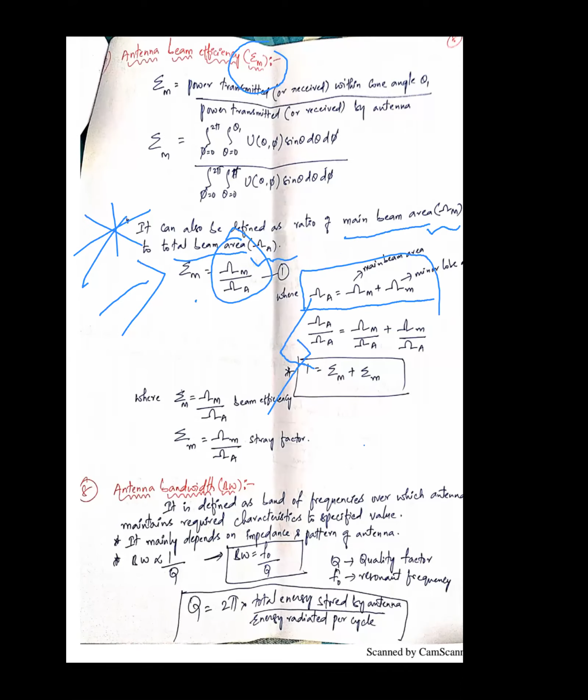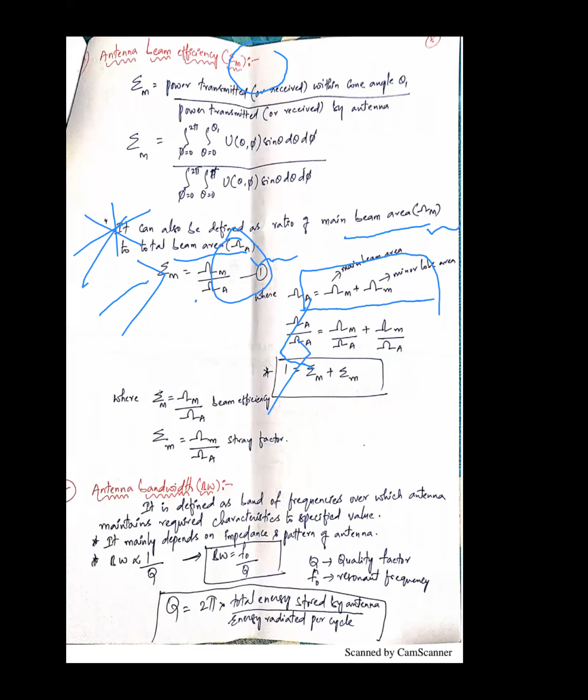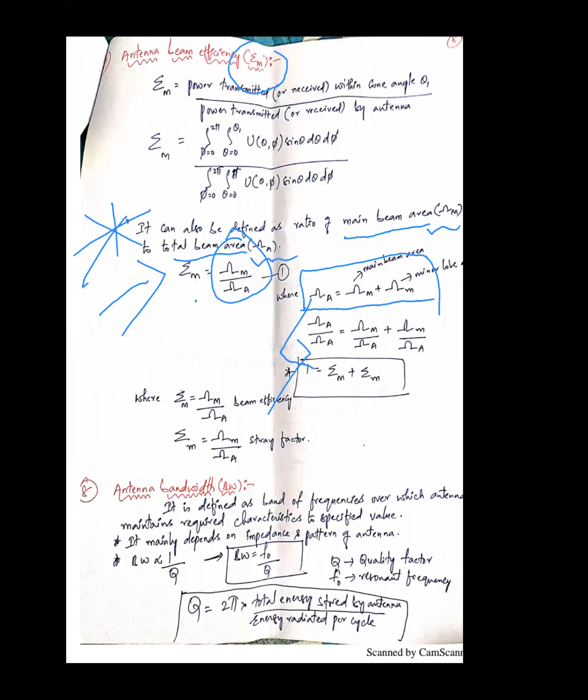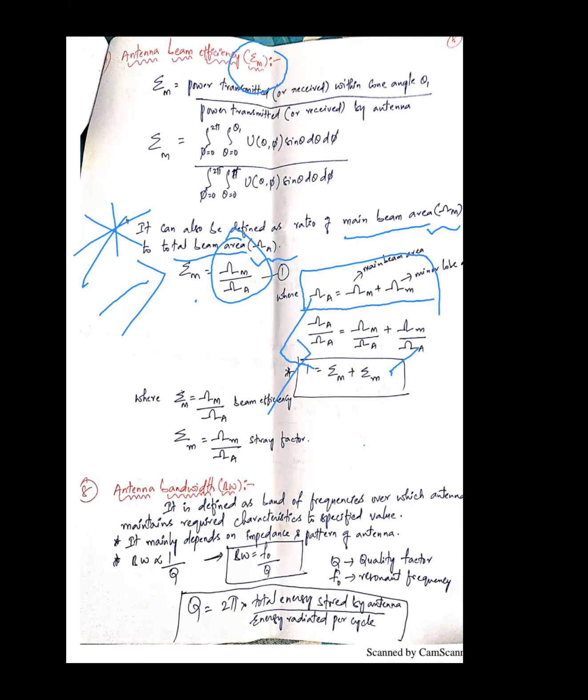Now, this becomes omega A by omega A is equal to 1. Next, that is equal to omega suffix capital M by omega A, which is nothing but epsilon m that you have written, and omega suffix small m by omega suffix capital A that you are writing it as epsilon suffix small m, where this epsilon suffix small m is called stray factor.